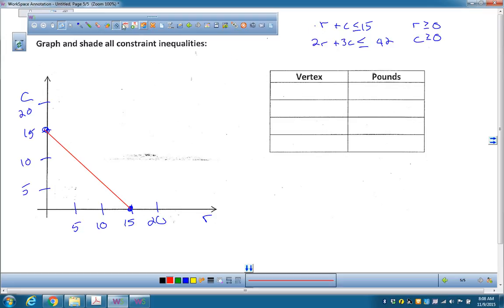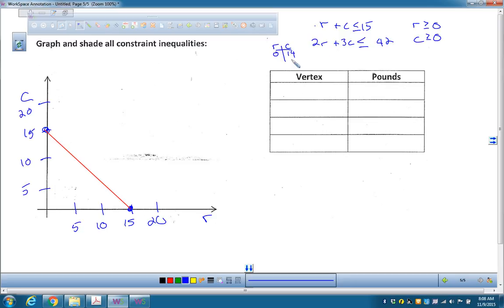Okay? Now let's look at this constraint equation. Let's make a little table, R and C. When R is 0, what's C? 3 times what number gives you 42? 42 divided by 3. I'm waiting. 42 divided by 3. Come on. 14.